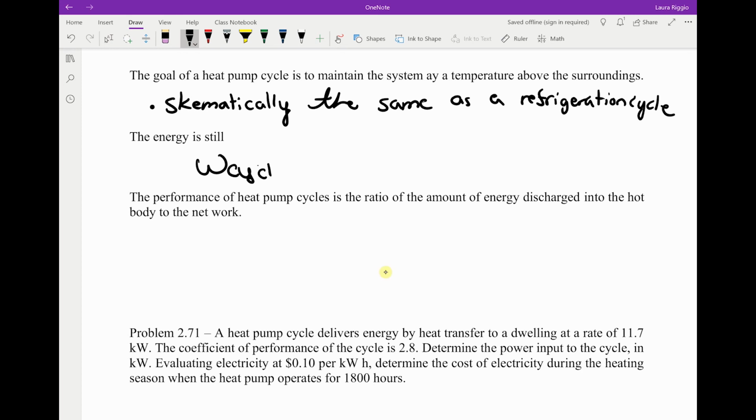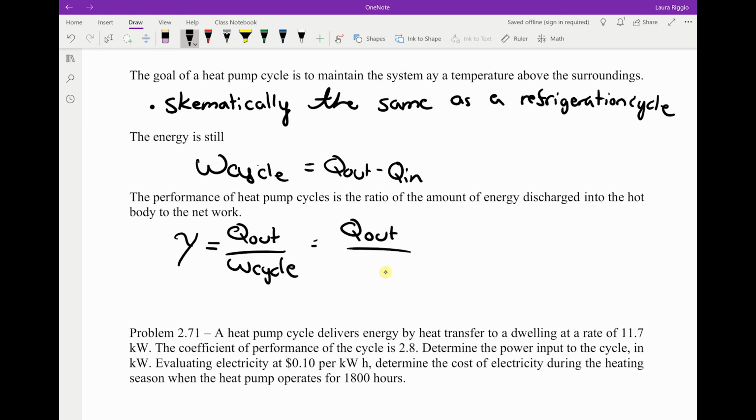So W cycle is still equal to Q out minus Q in. And this time, the efficiency, which is given the symbol gamma, is equal to Q out over W cycle, which is equal to Q out over Q out minus Q in.